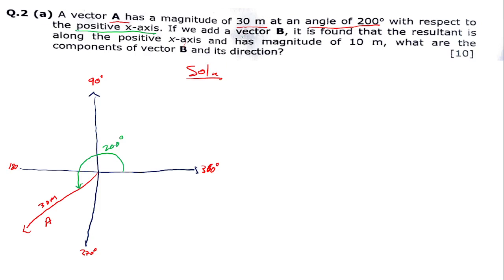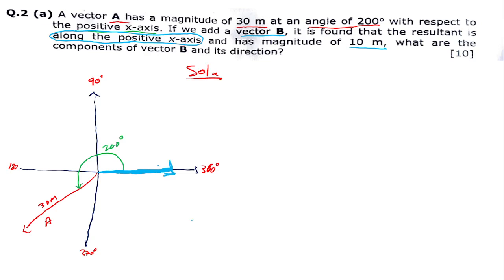Vector B, I don't know it, but I have my resultant vector R with magnitude 10, which is along the positive x-axis. This is where people got it wrong. Along the positive x-axis simply means that it is just lying there. This is how this vector looks.